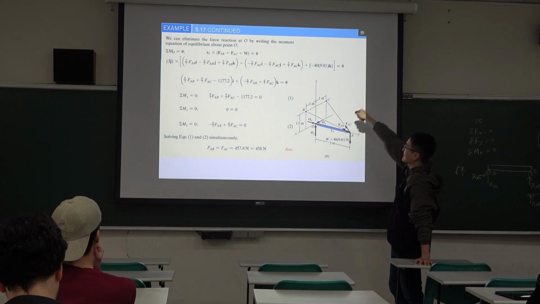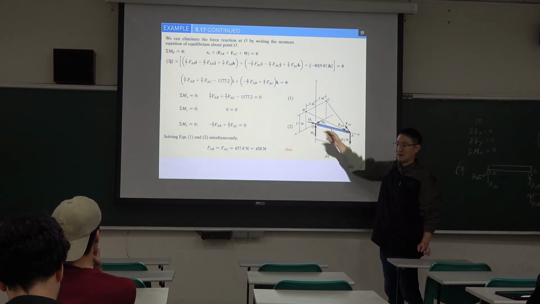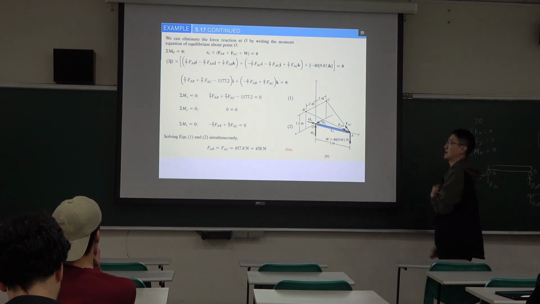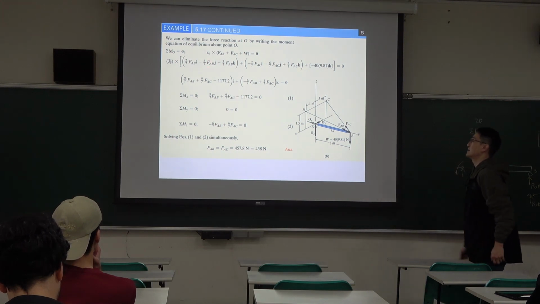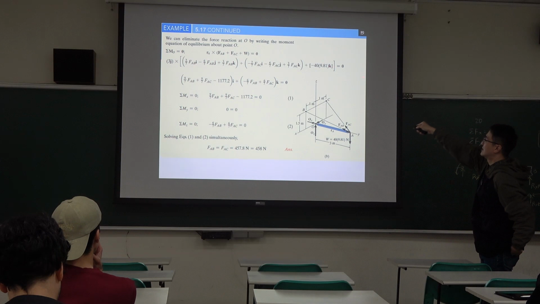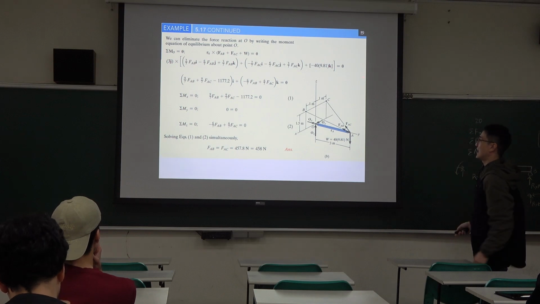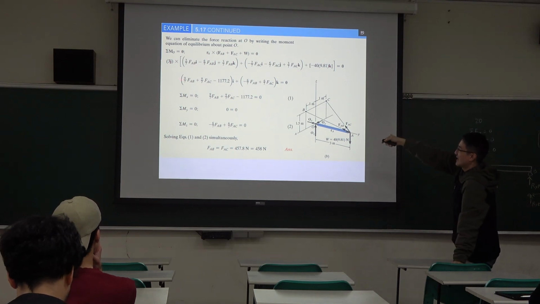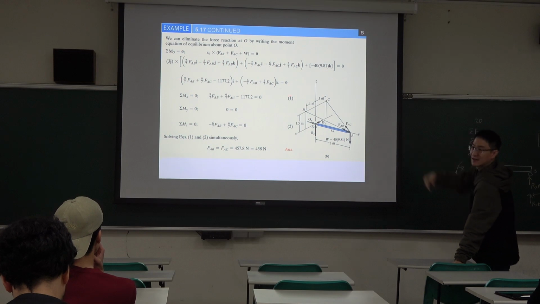Position vector cross force vector should equal 0 for the moment calculation. So that means this part can be simplified as this.